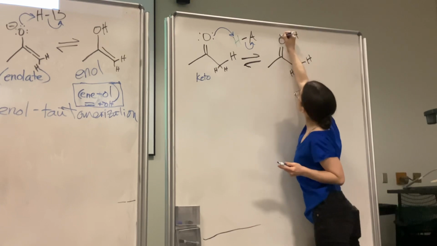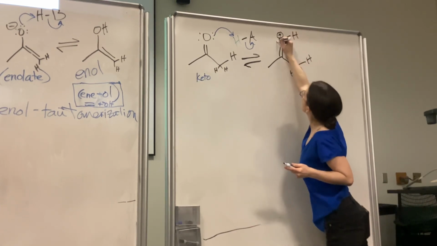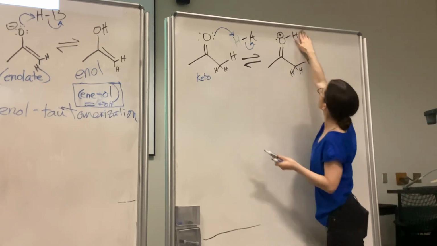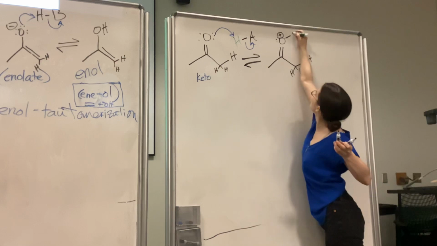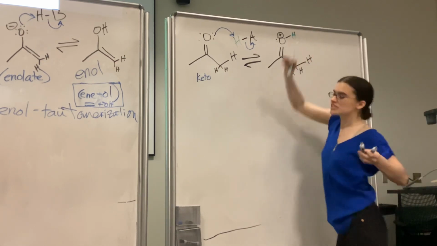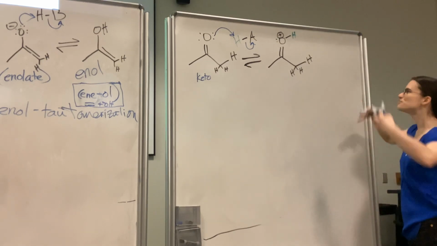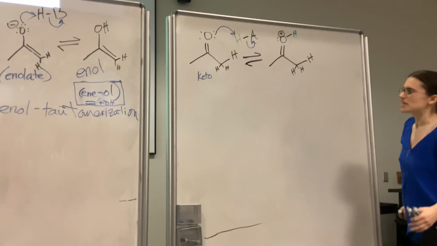Hydrogen. Why am I writing at the top of this board when I can't reach it? Okay. We're gonna protonate the oxygen. I could do this lower, but I don't know. I just hate myself, I guess.